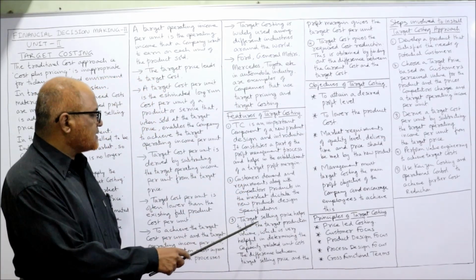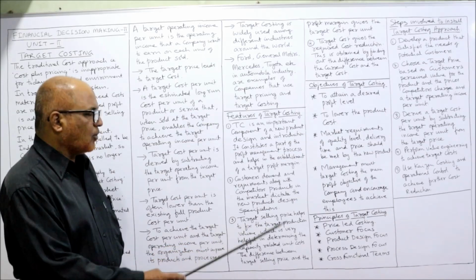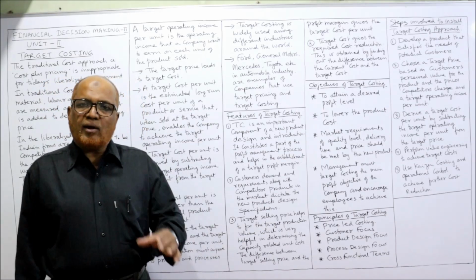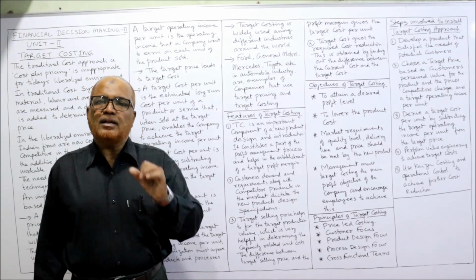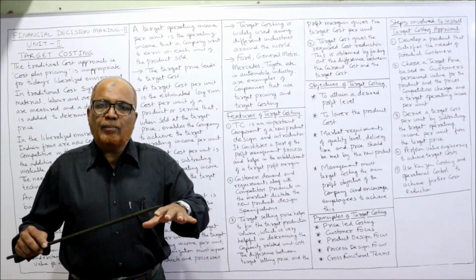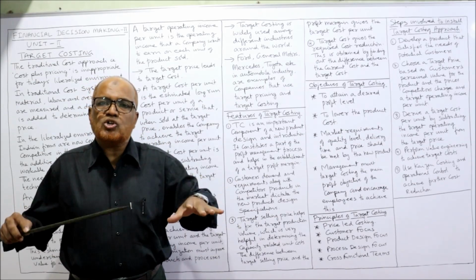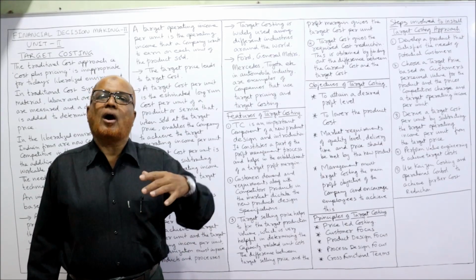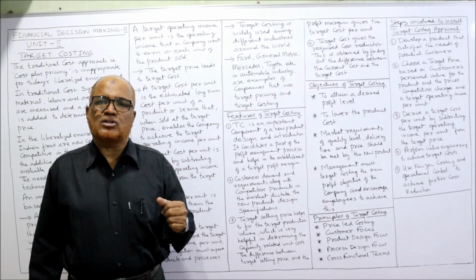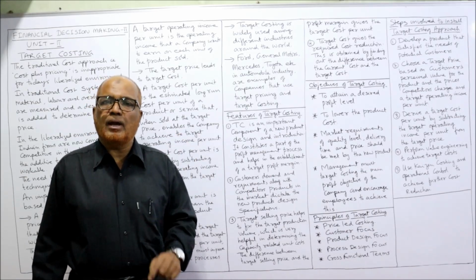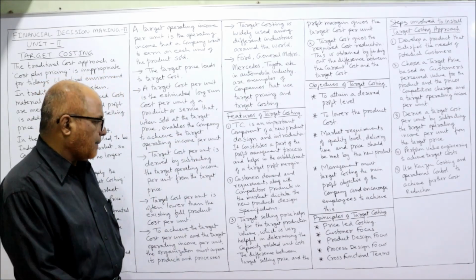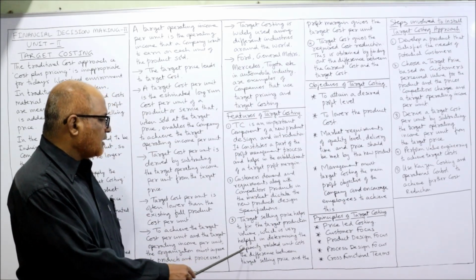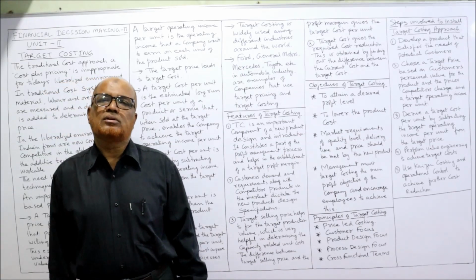The target selling price helps to fix the target production volume. So according to the requirement in the market, we can plan the production, because production depends on the demand. First, we estimate how much is the demand in the market. Accordingly, we can make the production plan, which is very helpful in determining the capacity-related unit cost.